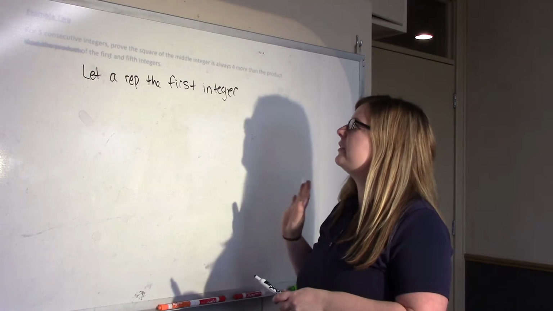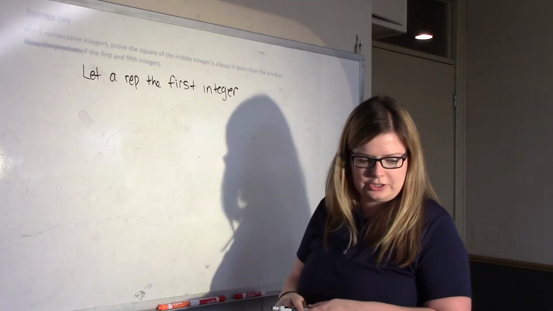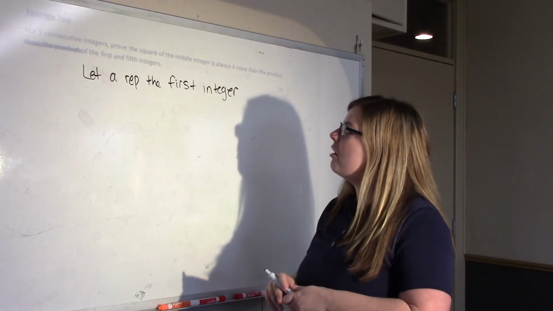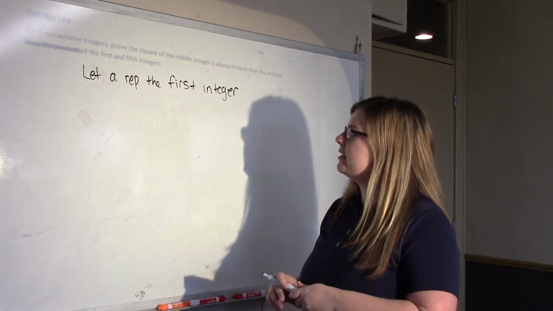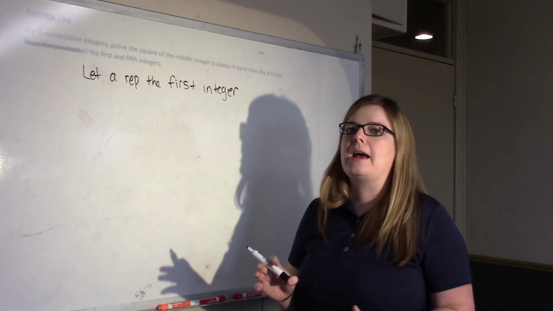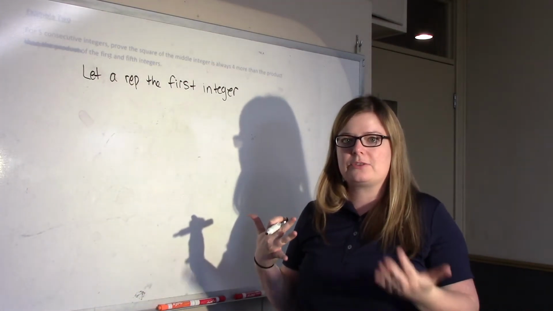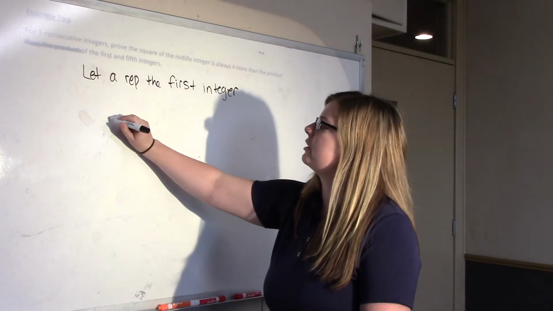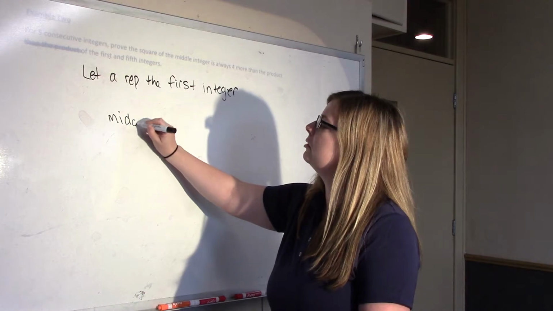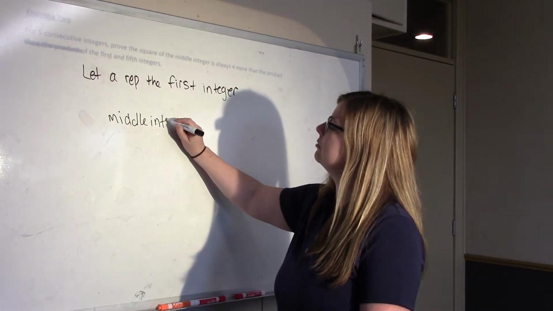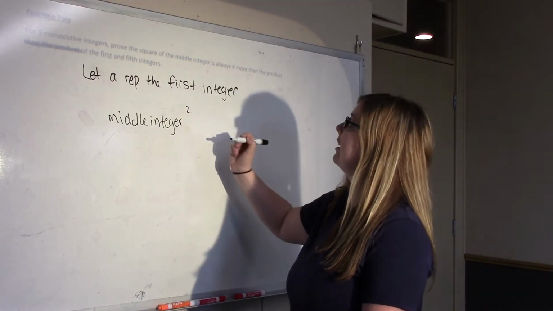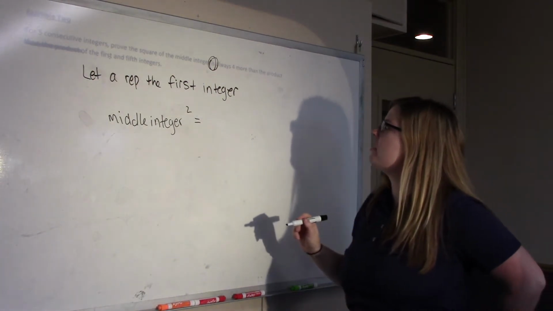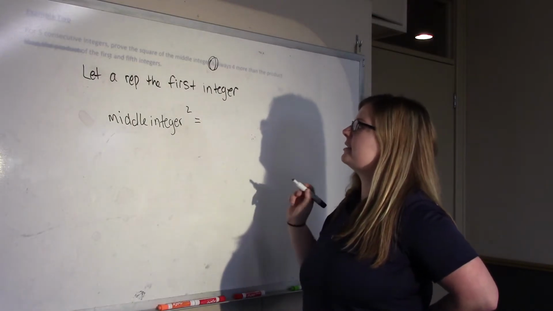So we want to prove that the square of the middle integer is always 4 more than the product of the first and fifth integers. Okay, so let's rewrite a mix of English with math here so this makes a bit more sense in our brain. So the middle integer squared is, anytime we say is, that's an equal sign, 4 more than the product of the first and the fifth.